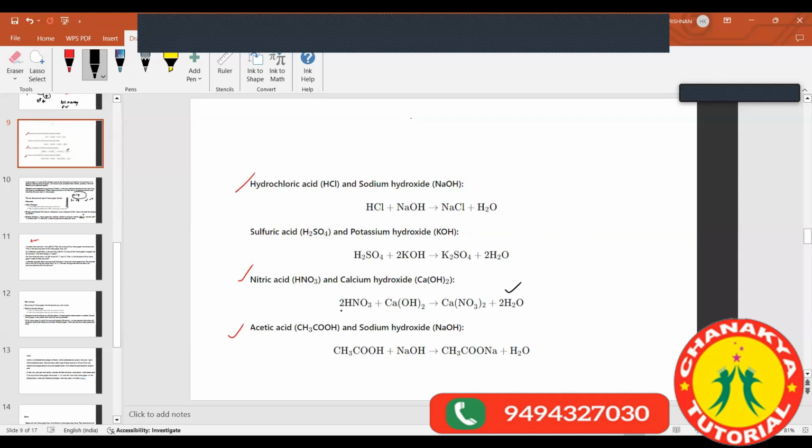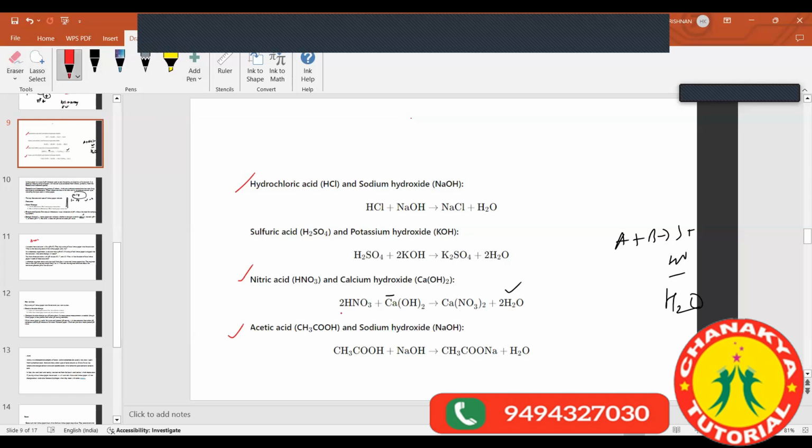I have told you acid plus base will give you salt plus water. So water always means H2O. But the problem is it is not 1 here anymore. Here it is 1, but here it is 2, and OH is separately having 2. So it is not a linear combination.